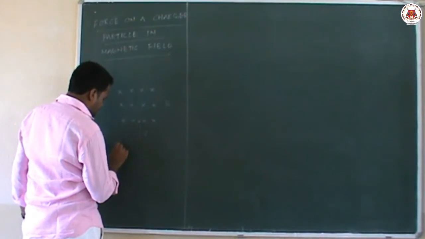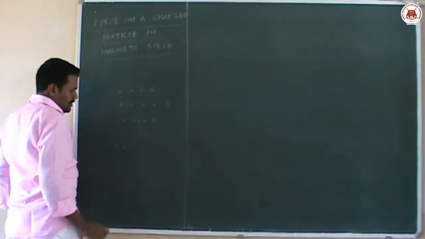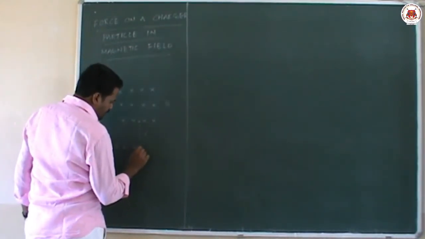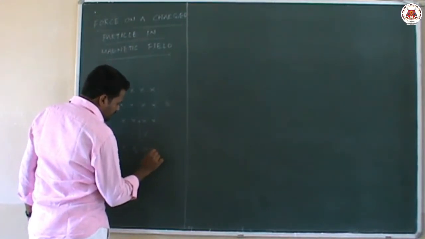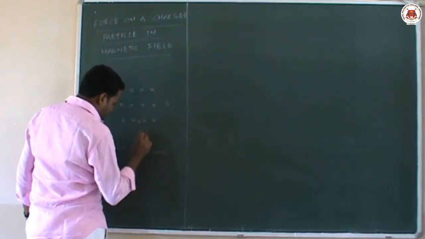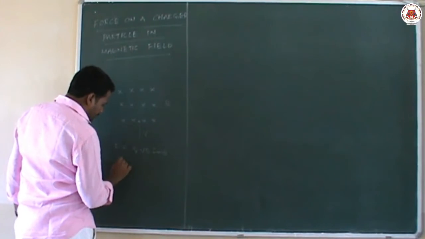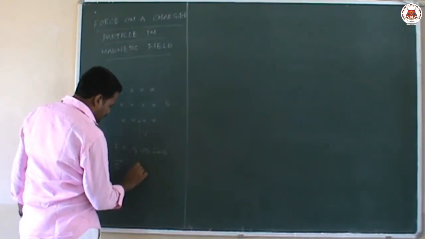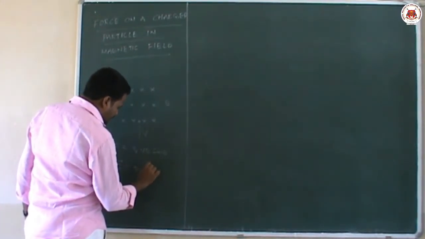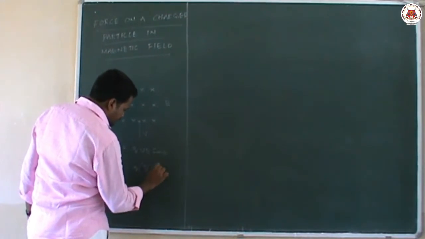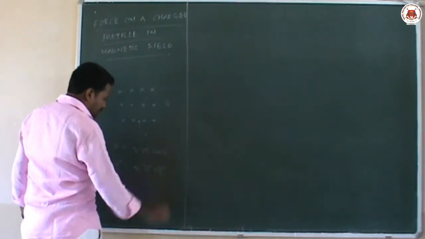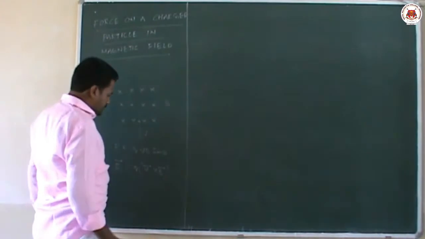Then this charged particle experiences a force F is equal to QVB sin theta. If you write in vector form, F bar is equal to Q into V bar cross B bar.